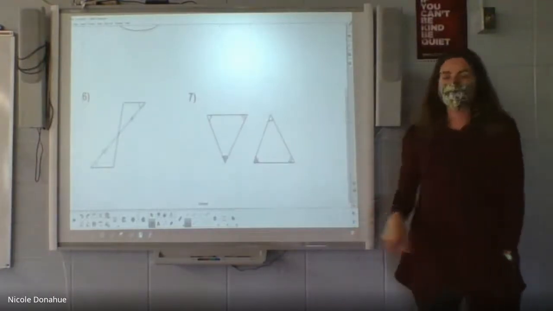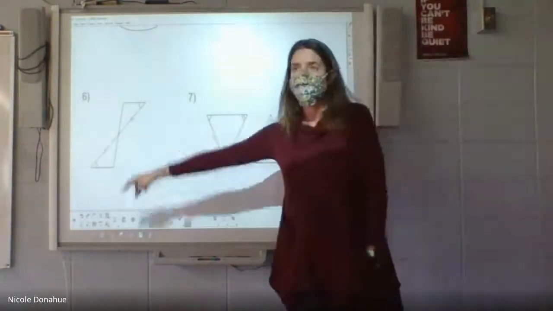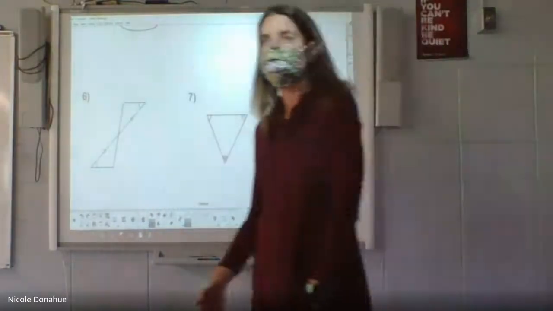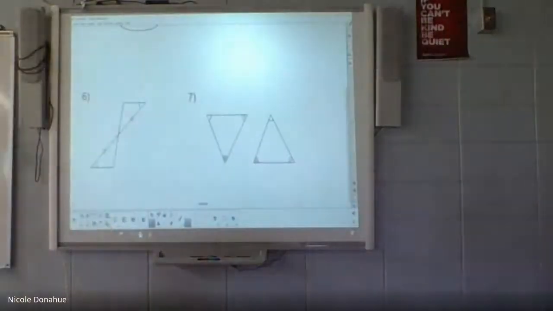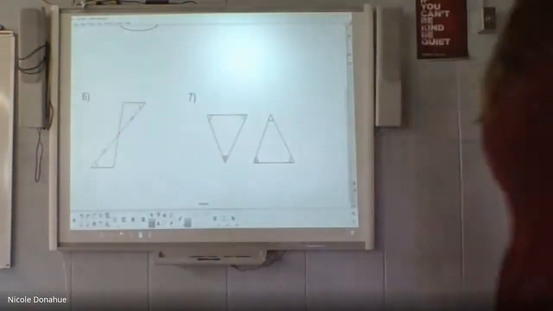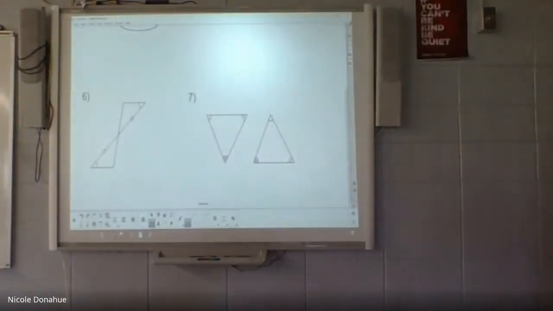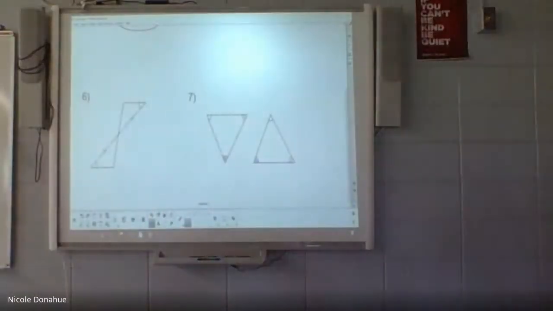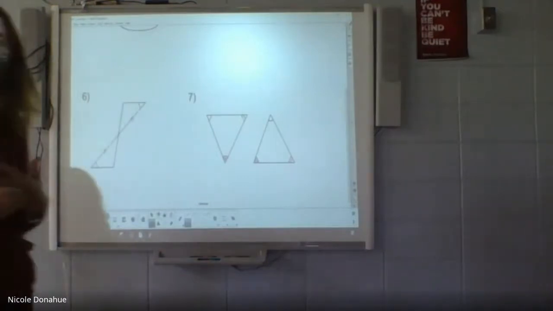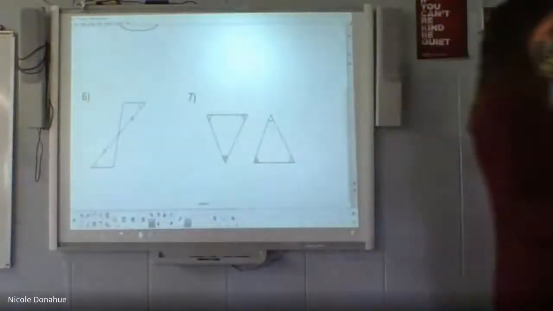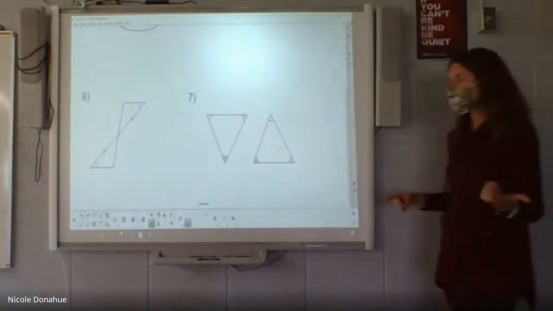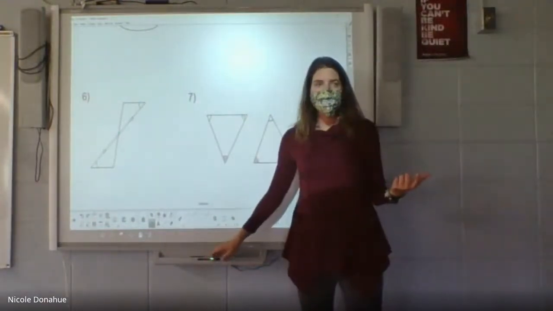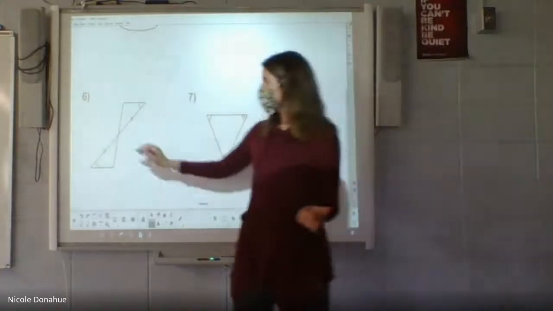All right, how about number 6 over there? You guys did pretty well on this one. This one's a pretty high one. So again, what do we know that we don't have marked? Vertical angles.